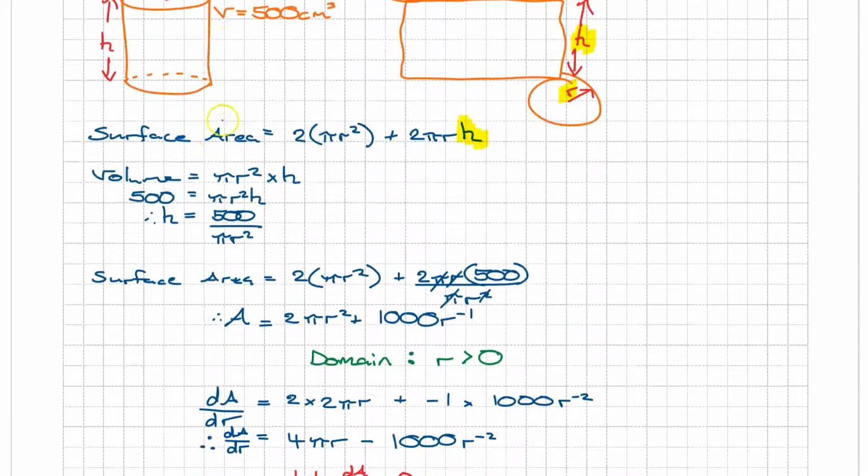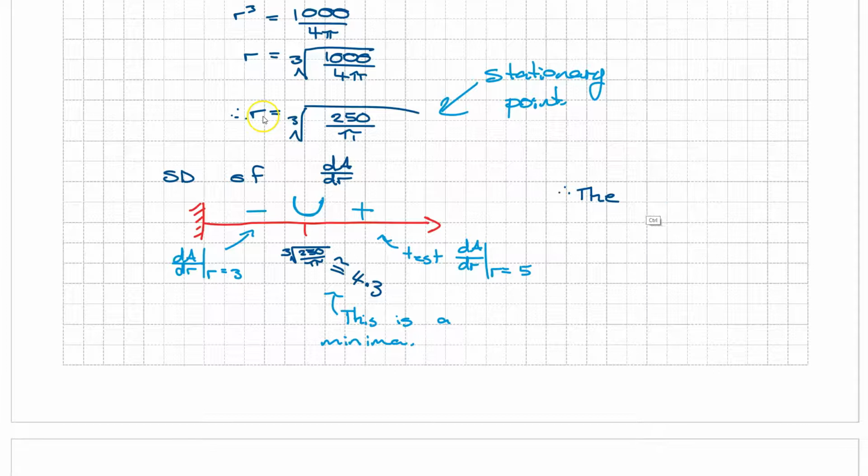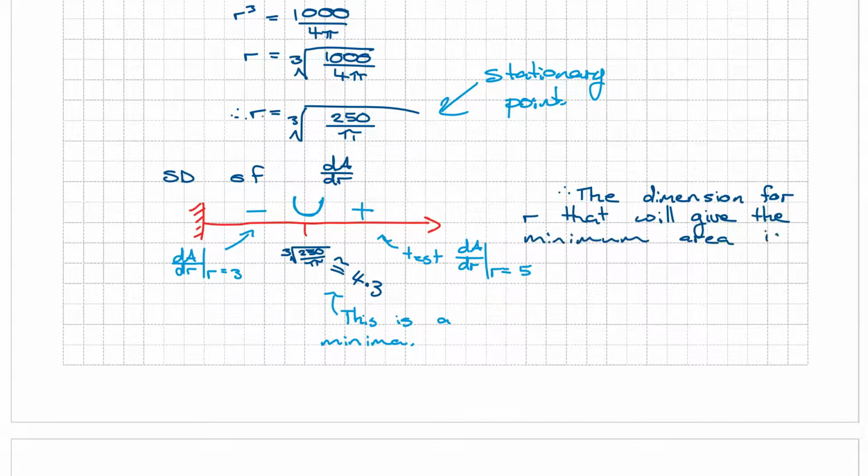What was the question again? The dimension for r that will give the minimum area is r equals the cube root of 250 over pi.